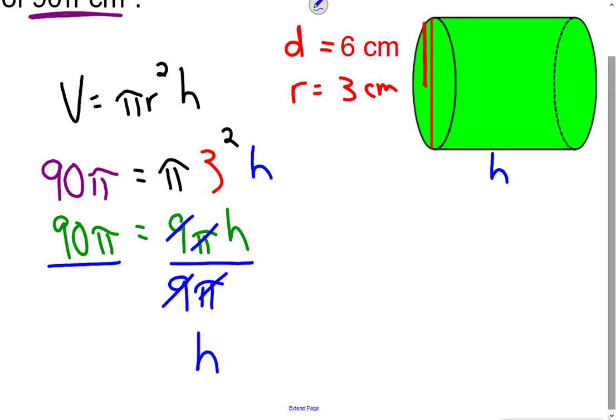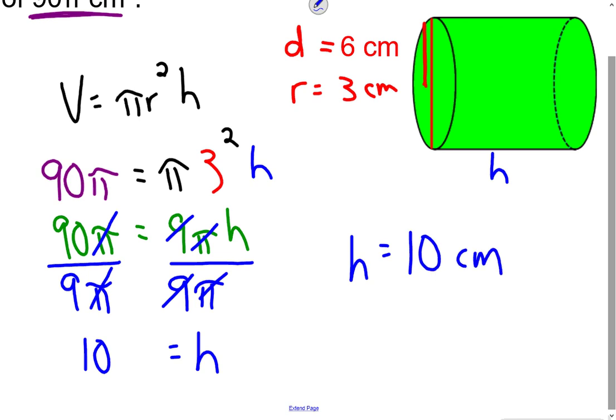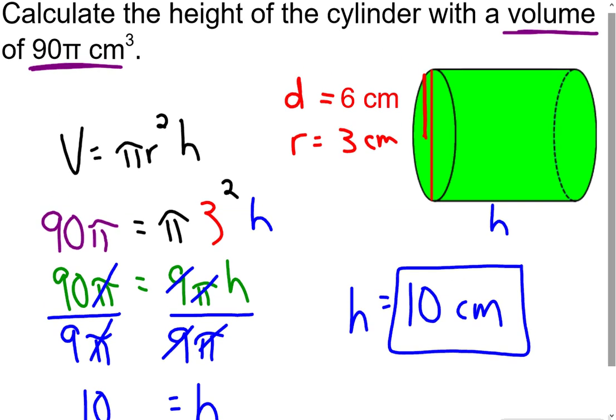Then I have to do the exact same thing on this side: divide by 9 pi. What's nice is the pi's divide out, and now we just have 90 divided by 9, which is 10. So that tells me that the height of this cylinder is 10 centimeters. And we just figured out the height when we were given the volume and the radius.